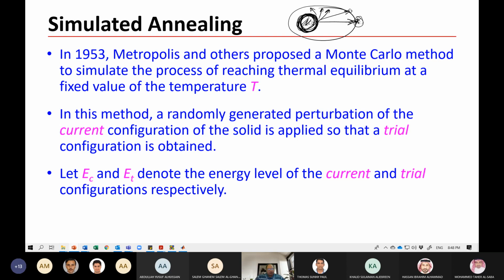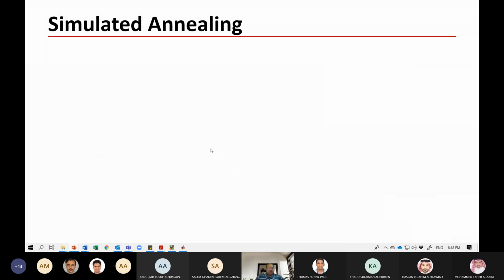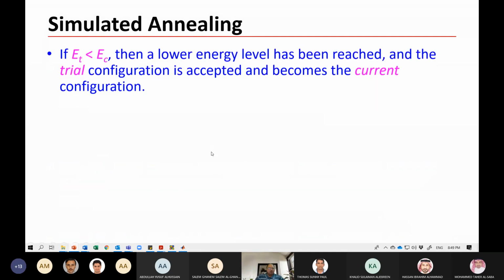So EC and ET are the energy levels of the current and the trial configuration respectively, and the energy is similar to the objective function in optimization, as we will see in the analogy in the next slide probably.